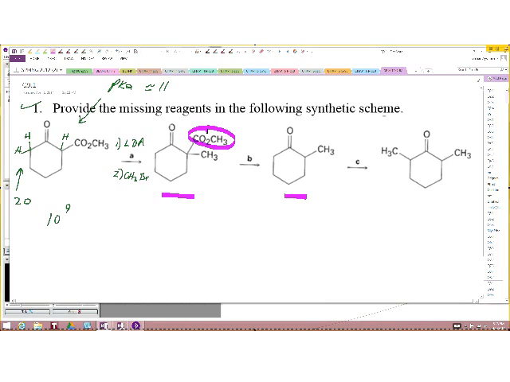And so, to do decarboxylation, what do you need to do first? Okay, you need to transform the ester. This is an ester, right? You need to transform the ester to a carboxylic acid. And to do that, you do acid catalyzed hydrolysis, okay, or Fischer esterification.